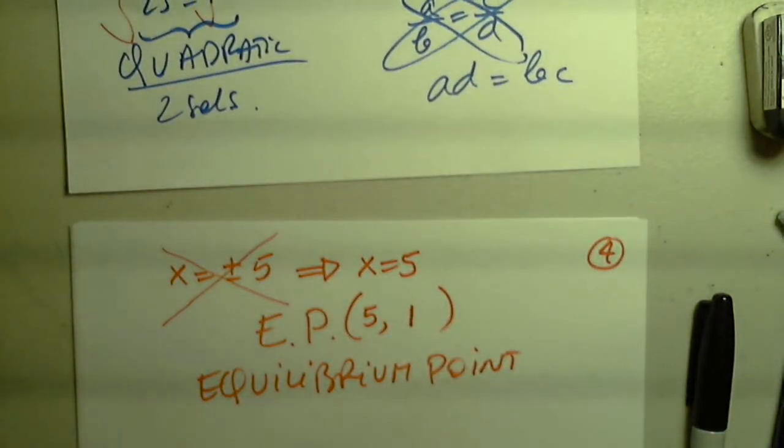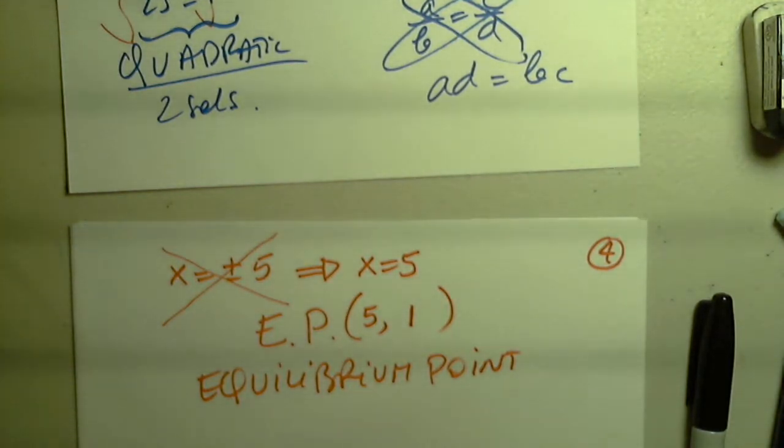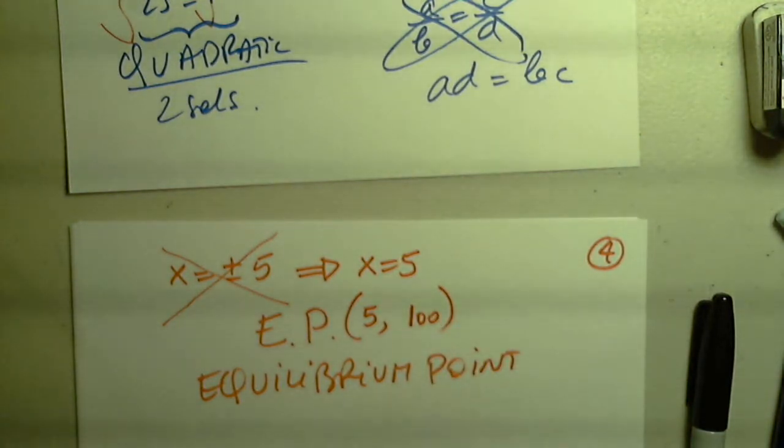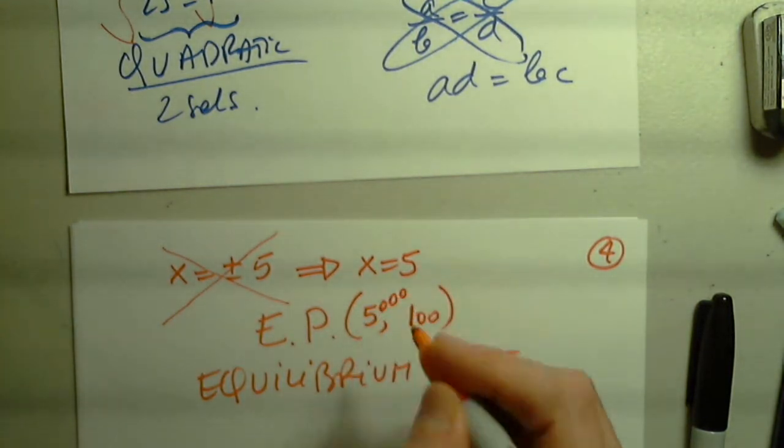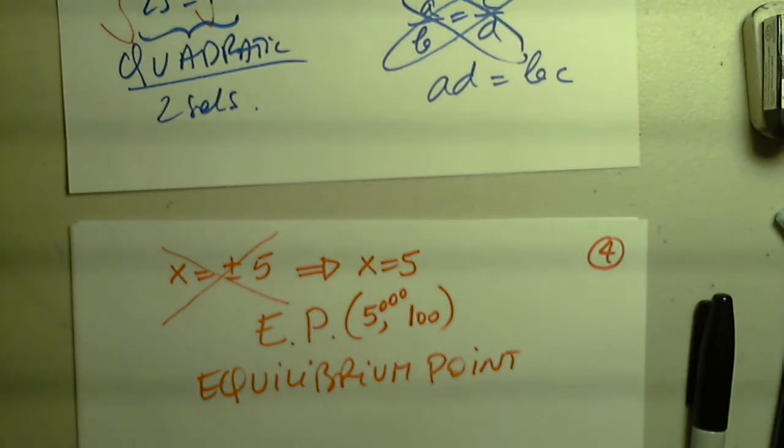So the equilibrium point is a point. It must have X, comma, Y. And it says price in hundreds of dollars, so you can put 100 if that's what you want. And the quantity in thousands. So this is 5,000, comma, 100.